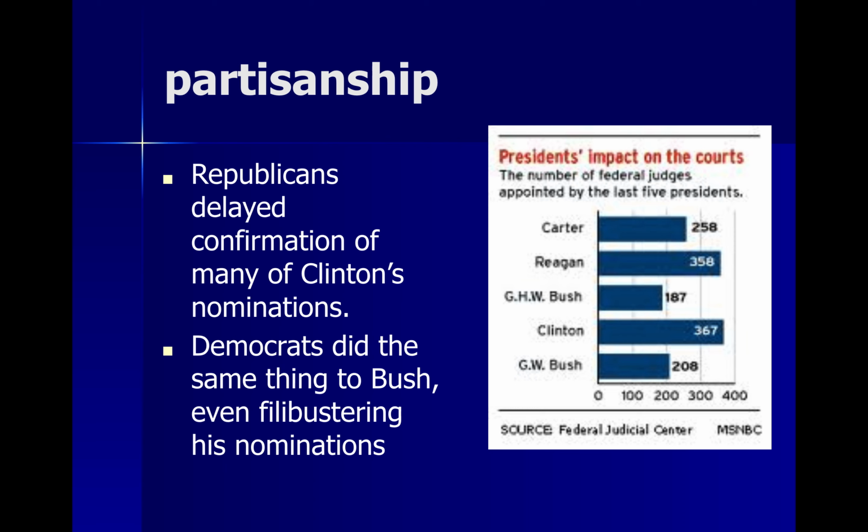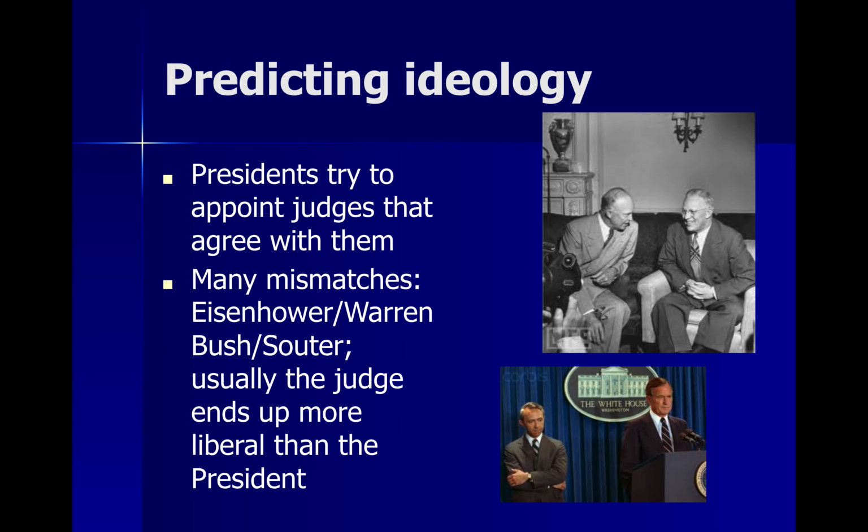Republicans started delaying a lot of Clinton's nominations way back in the 90s. Democrats did the same thing to Bush in the early 2000s, going so far as to filibuster nominations. So it wasn't always a partisan process, but just like everything else, it's become one. Presidents are going to try to appoint judges that agree with them.